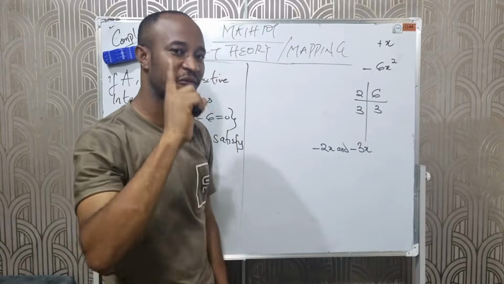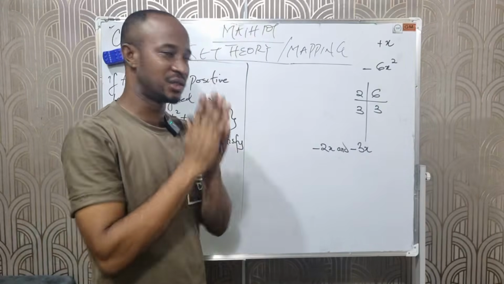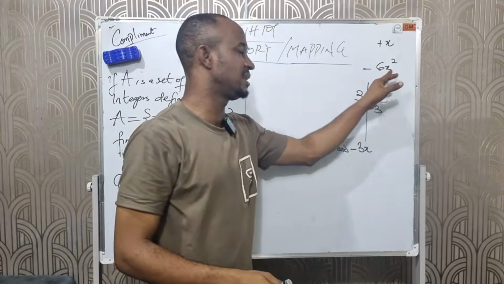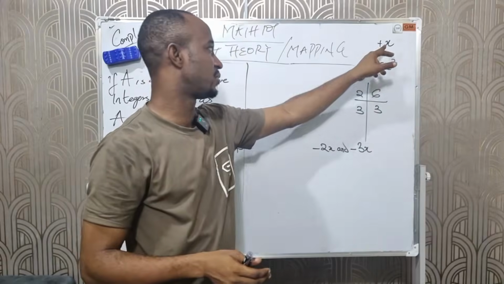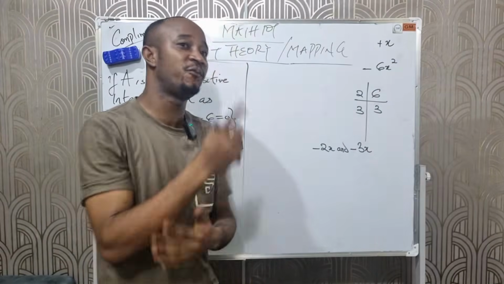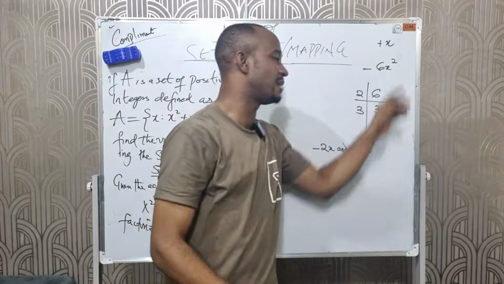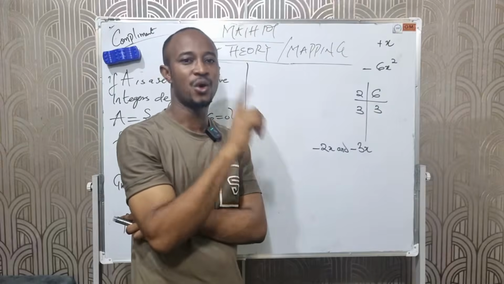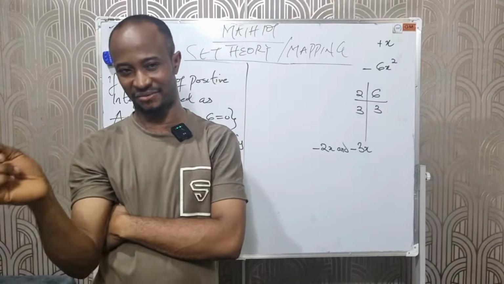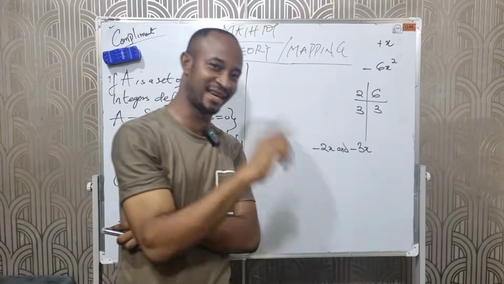Don't forget that we are looking for 2 numbers that once we multiply them, the result must be minus 6x squared, and when you add them, the result must be plus x. Since multiplying them must give us minus 6x squared, one of those numbers must be positive, while the other must be negative, because negative times positive gives negative.